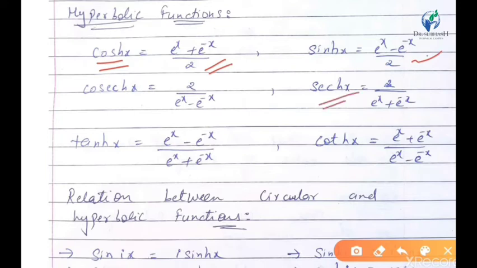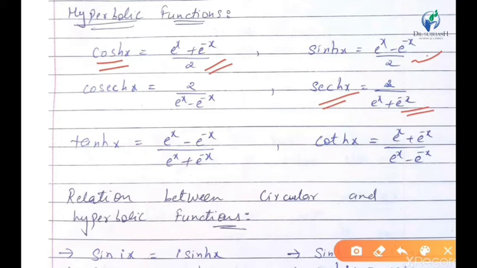Now sech x is equal to 1 upon cosh x, so this will be the reciprocal of cosh x. So it can be written as 2 upon e raised to x plus e raised to minus x. Similarly, cosech x is equal to 2 upon e raised to x minus e raised to minus x.